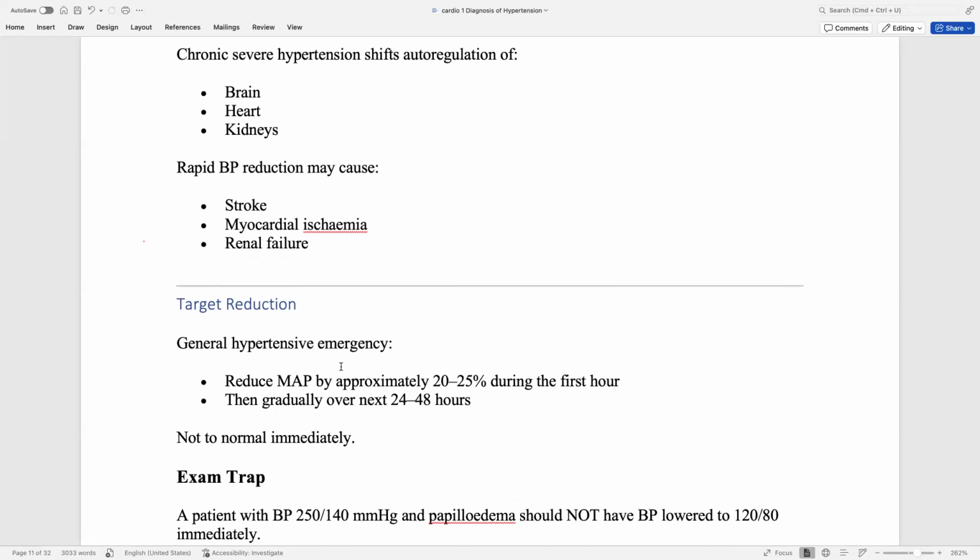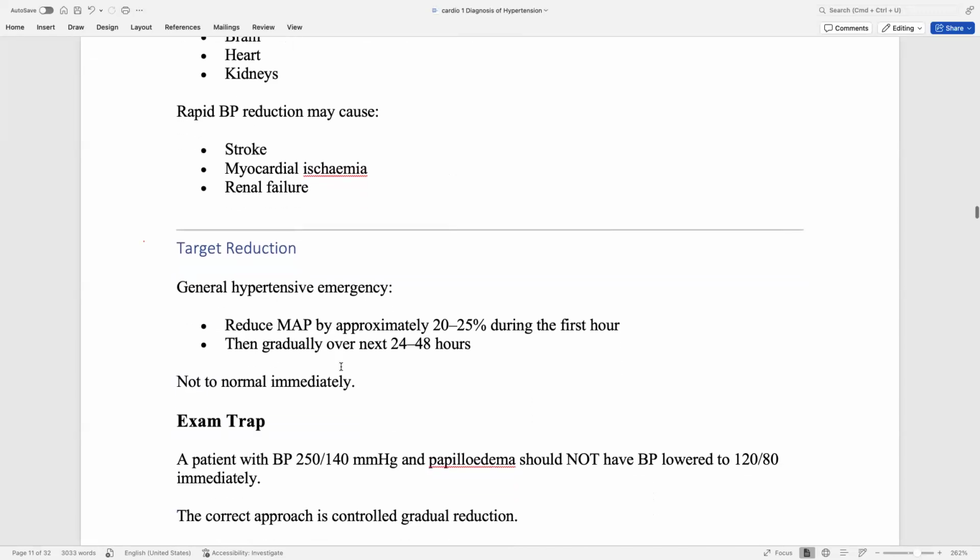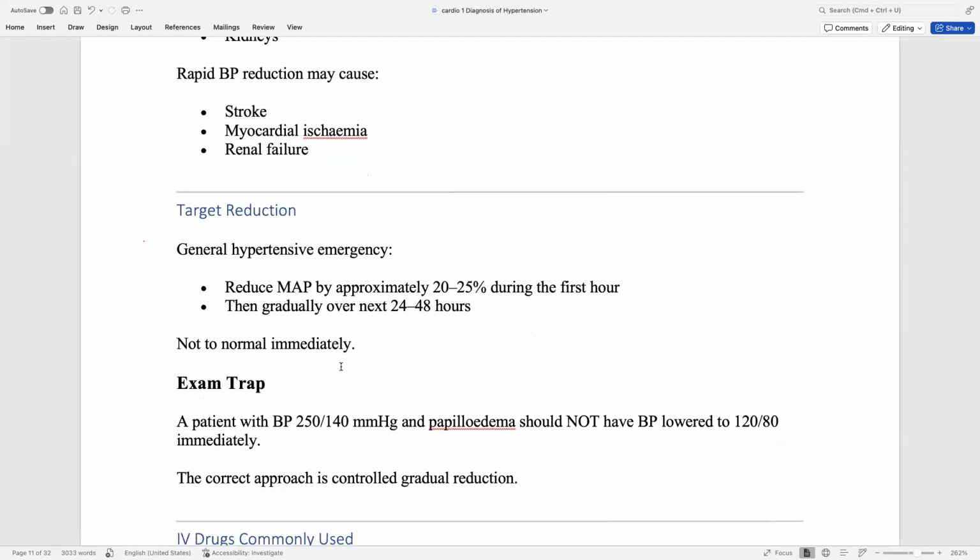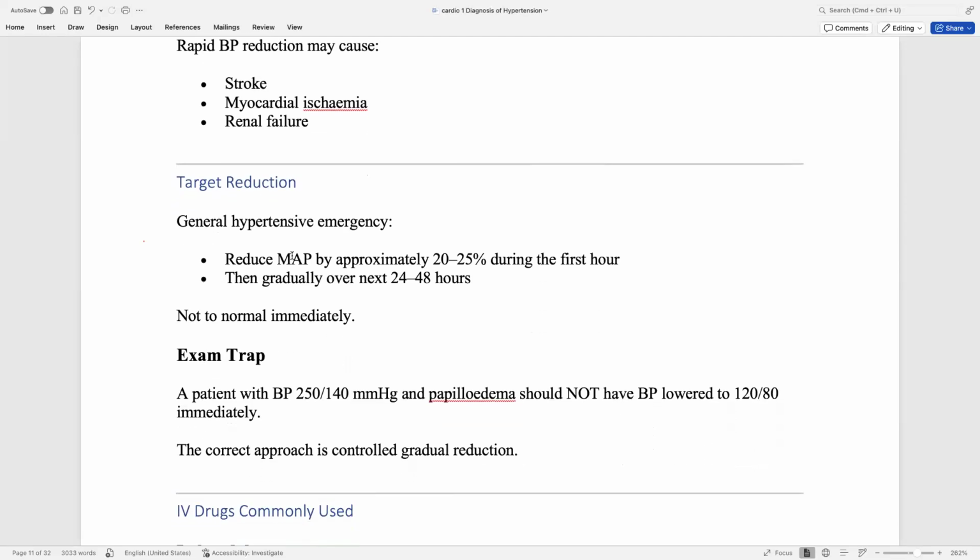How can we reduce it? Gradually. How gradually? Reduce the mean blood pressure by 20 to 25% during the first hour.